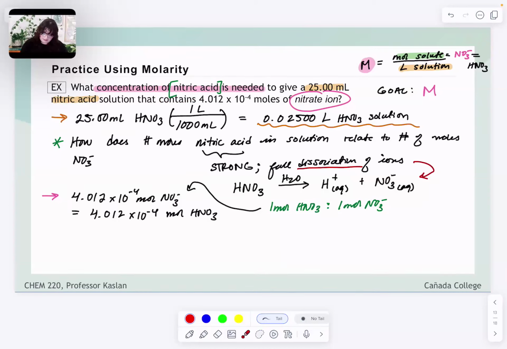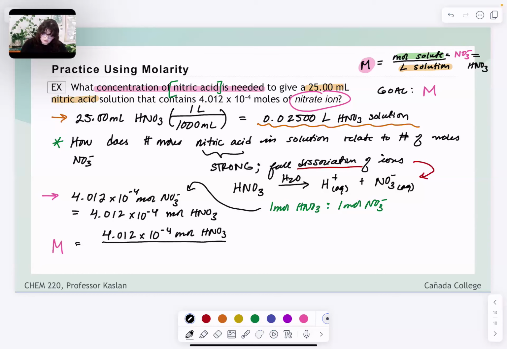So now let's find our molarity. Molarity is equal to our moles, 4.012 times 10 to the negative 4 moles of HNO3, over the volume in liters, 0.02500 liters.